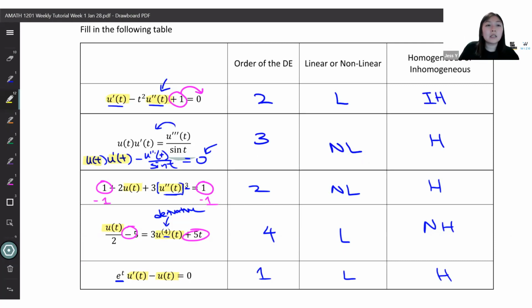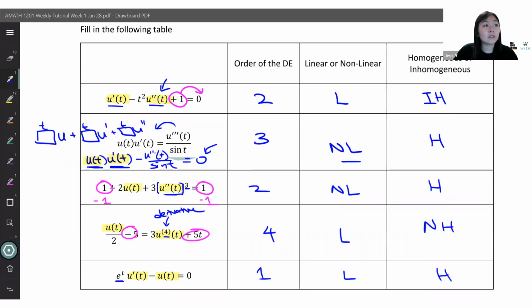For it to be linear, it has to be very specific. It's some kind of t term times u, plus some kind of t terms times u prime, plus some kind of t terms times u double prime, and so on. That's the only way it's going to be linear. But since I have a u times a u prime, that's why it's non-linear. Let me know if that makes sense.